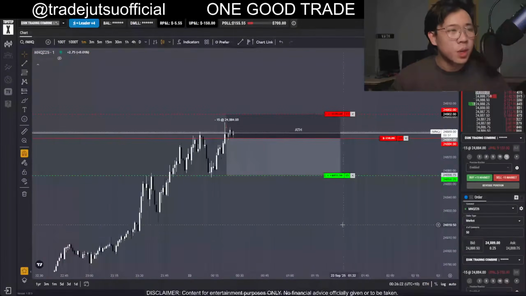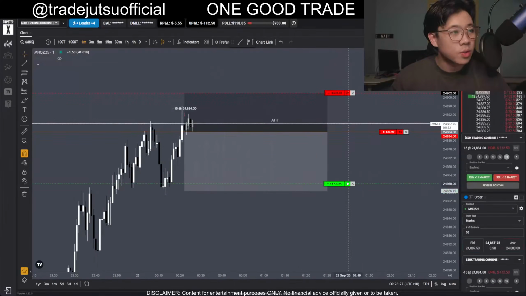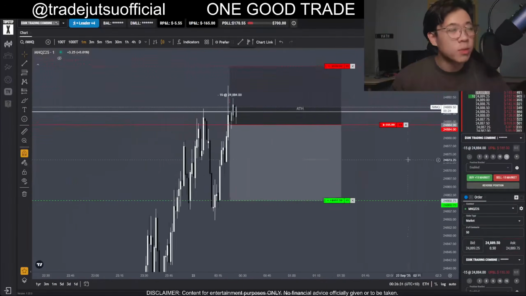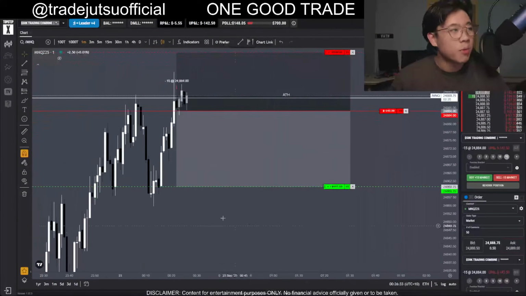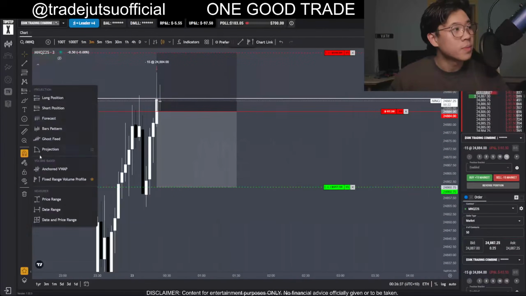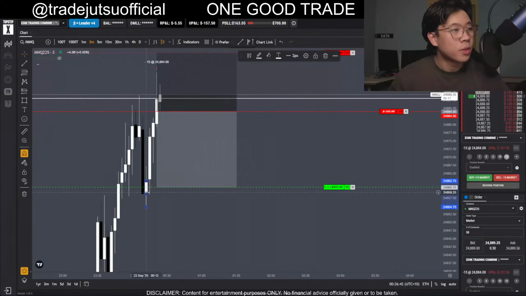I'm going to take profit to this point here. Actually, I want to reduce the risk to reward, so 1.3 risk to reward. If we look at the 3 minutes, it looks like a point of interest down here.